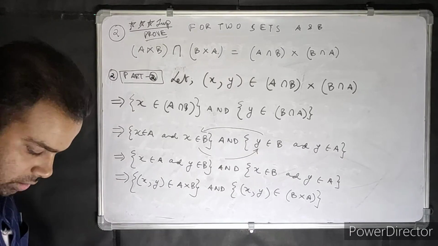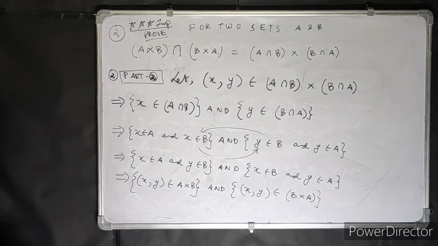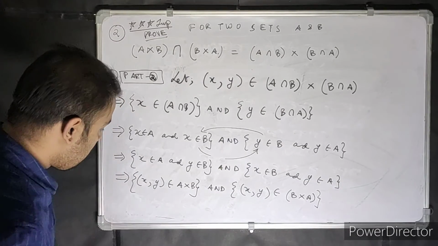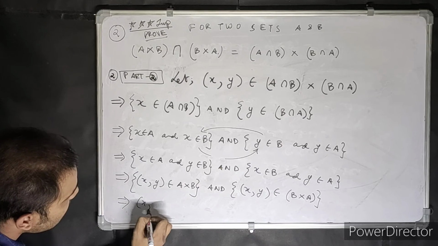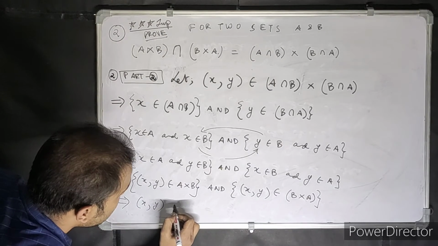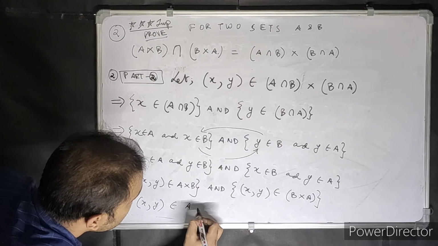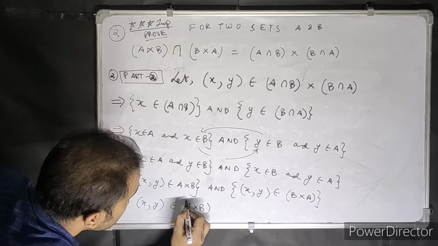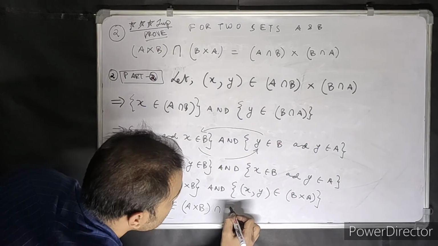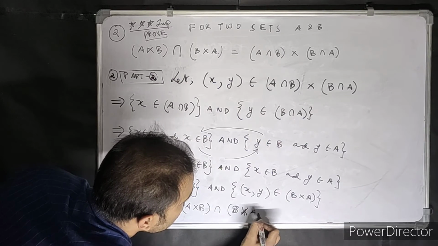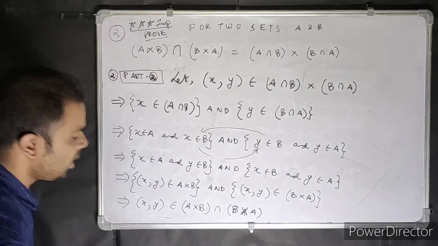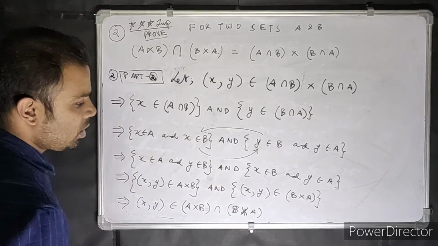Just take (x, y) out and write belongs to A cross B intersection B cross A. Not very easy, not very difficult actually. So there you go, that's done.